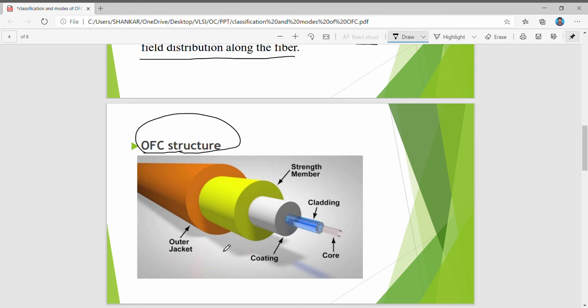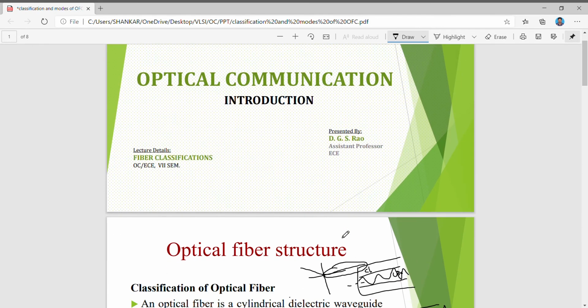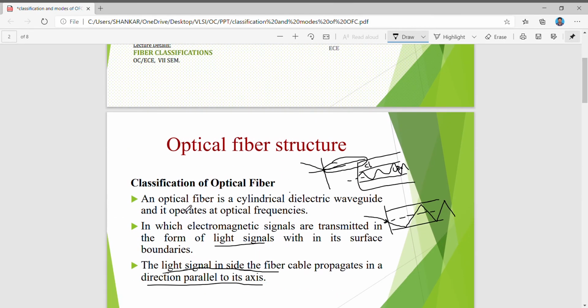This is the entire optical fiber cable, and inside you have the material, which is glass, in cylindrical form. That's why in the first slide we said the optical fiber is a cylindrical dielectric waveguide.